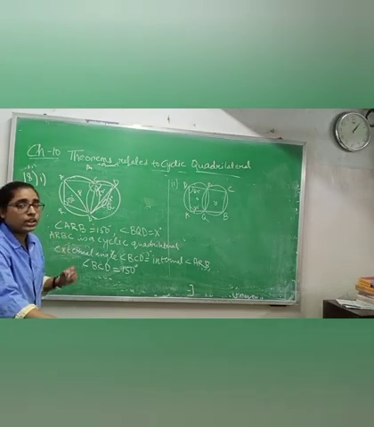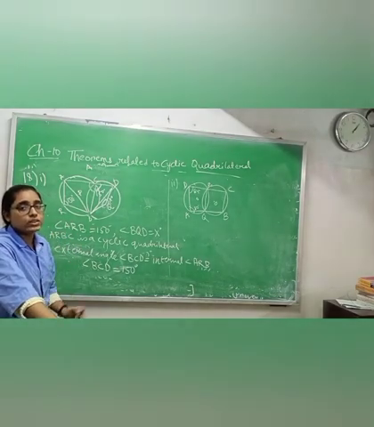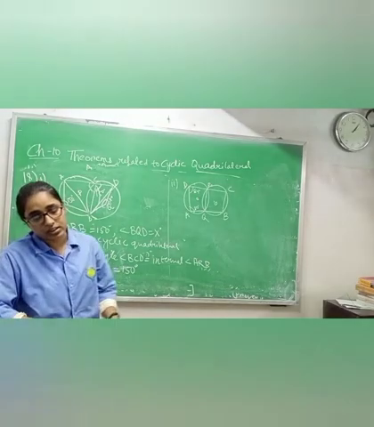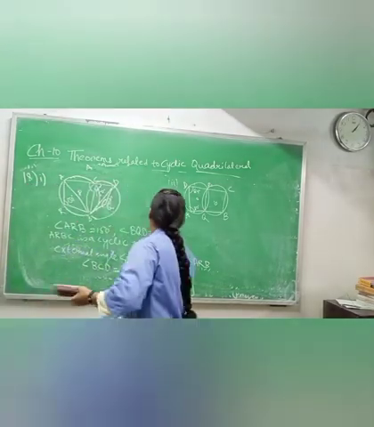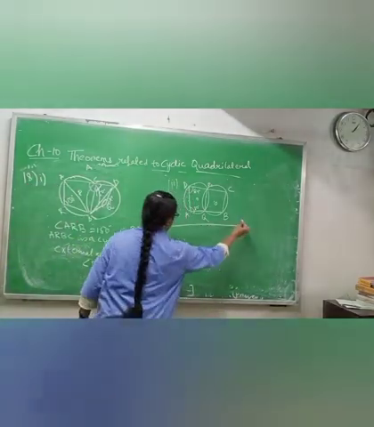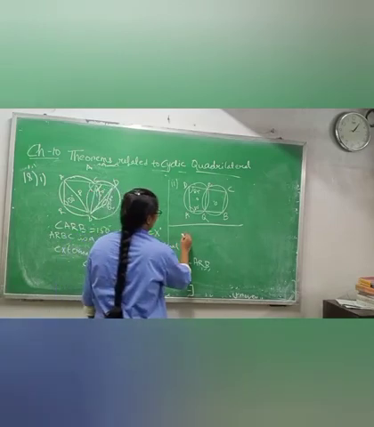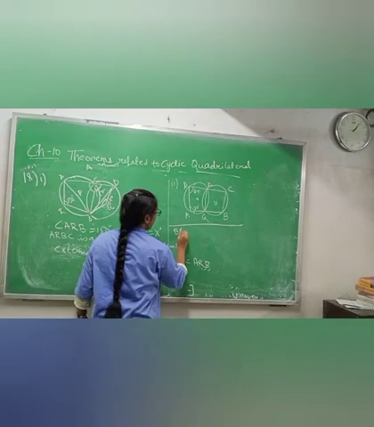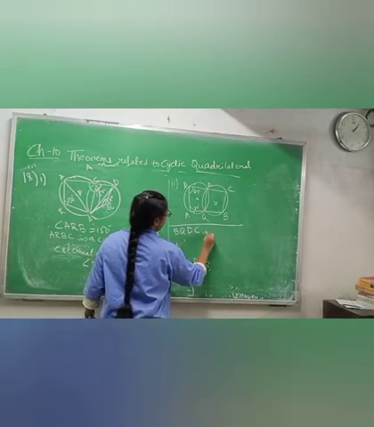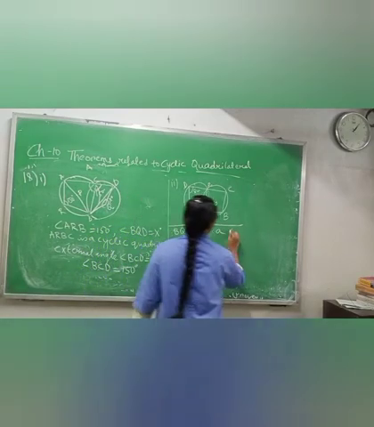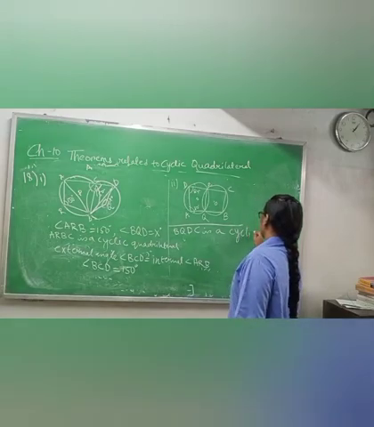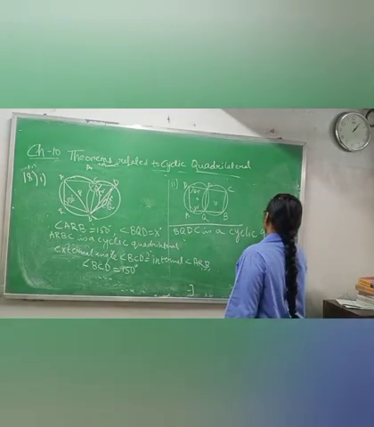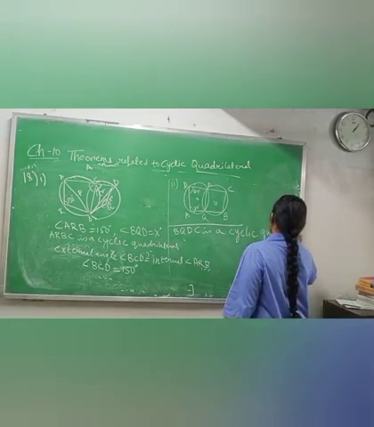So we know that angle in the center is always double the angle on the circle. So what will you write? BQDC is a cyclic quadrilateral. Again you have to write the same thing.